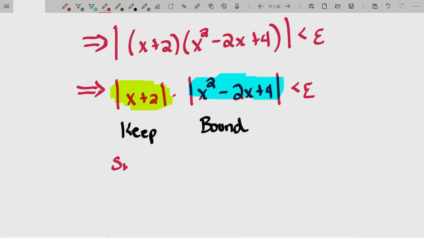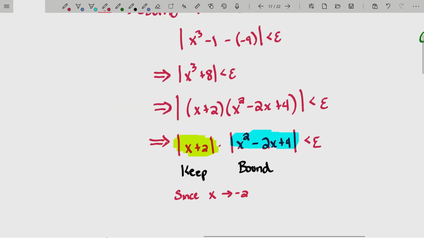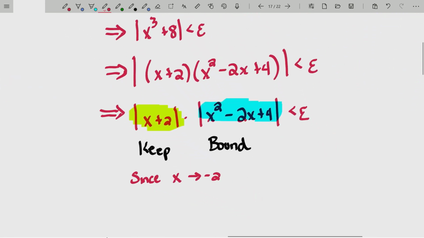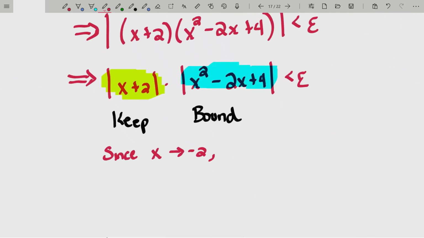Normally in your scratch work, you don't write all this language that I'm about to write down, but I still think it's beneficial for you. So since x is approaching -2, yep, since x is getting really close to -2, we can assume, remember what assuming does, so there is a problem with it, but we can assume that x is between, just think of a wiggle of size 1 centered at -2.